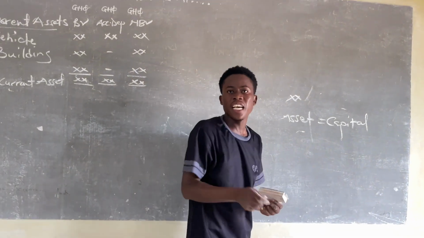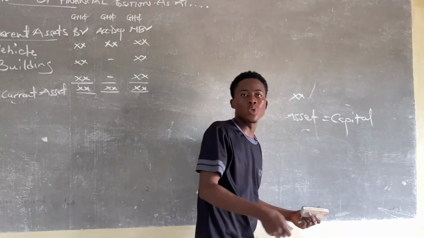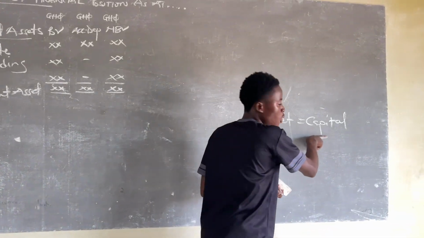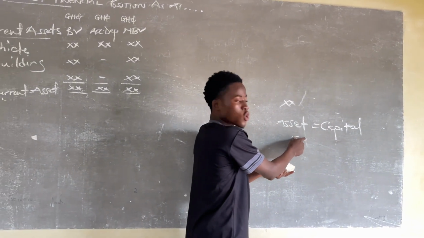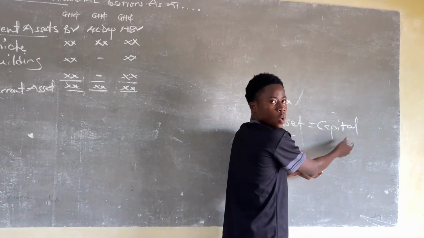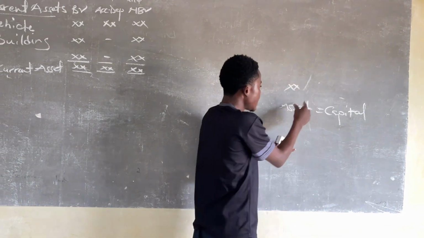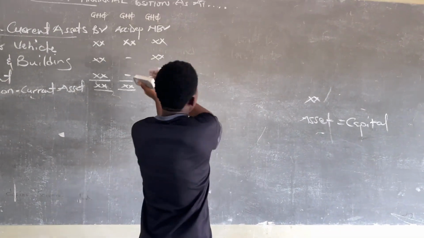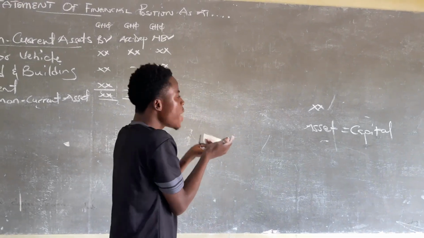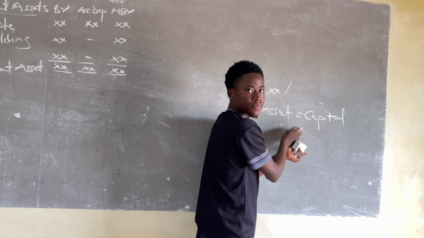If the organization begins, or an investor invests their money into the business, their capital becomes the property of the organization. So the money the investors put in is what we term the capital, and that capital becomes the property of the organization. So we are preparing a statement of financial position based on the accounting equation.